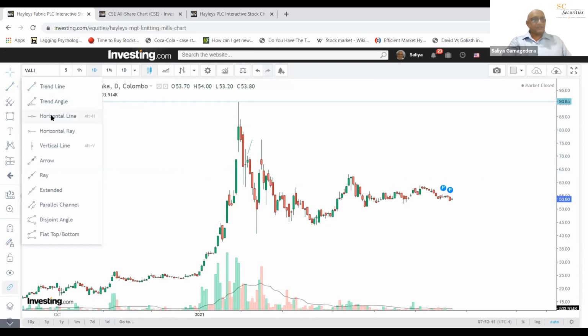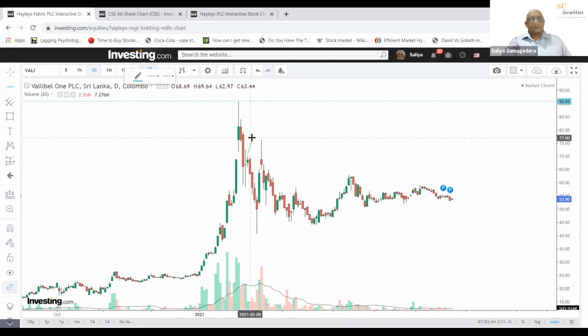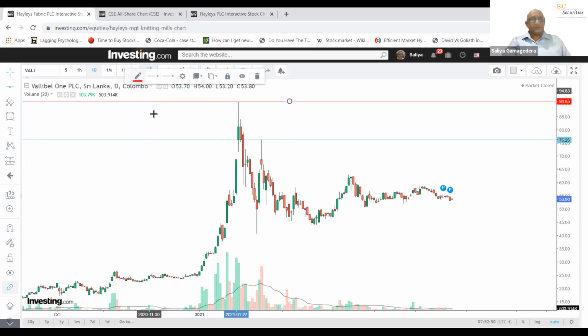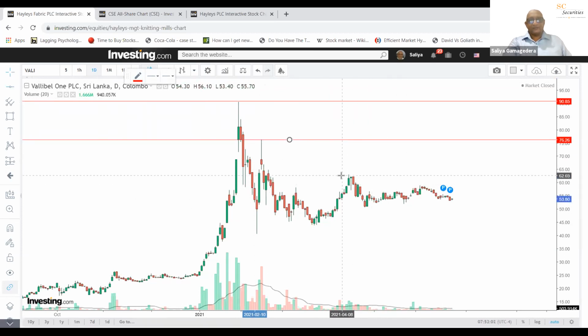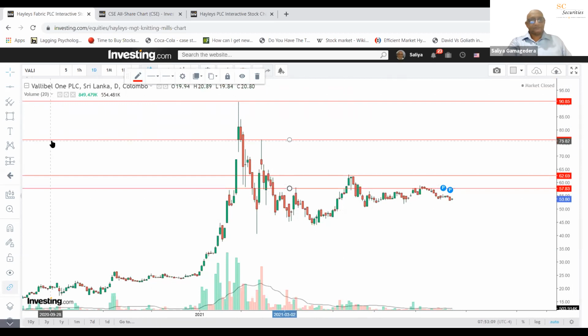Give me a moment. That swing high. Let's change the color also, then it will be visible a little bit more. Right. Then we can see there's another swing high here. Then we can see there's another swing high here. Then onto the lower side.